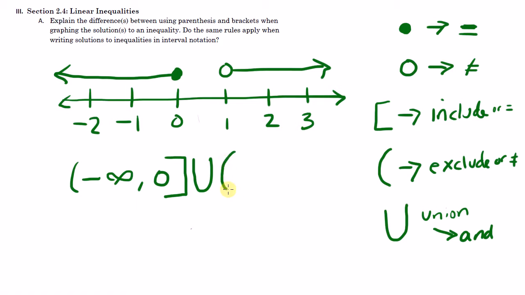So that's why I'm going to use this parenthesis, and we're going to go from 1 off to infinity. And that's what this arrow is telling me: just keep on going to infinity, and any number you plug in going positive after 1, you'll get a solution.